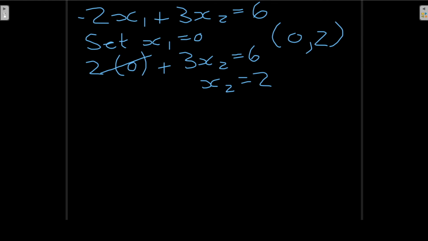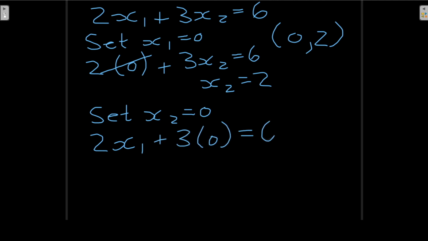And then to find the second point, I can set my x2 equal to 0. So now I have 2x1 plus 3 times 0 is equal to 6.